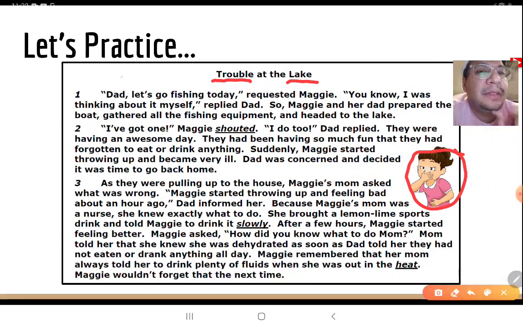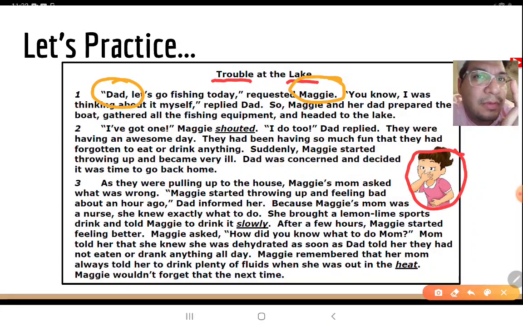Some of the characters that we see, if you remember, the main character was Maggie. That's our main character, Maggie. And who else comes out? The second character they talk about mostly was Dad, because Dad went on a fishing trip with her. What is the final character that's introduced in the story?